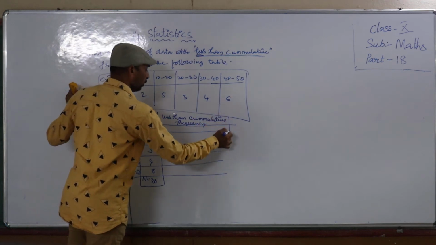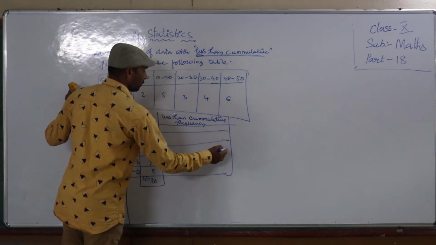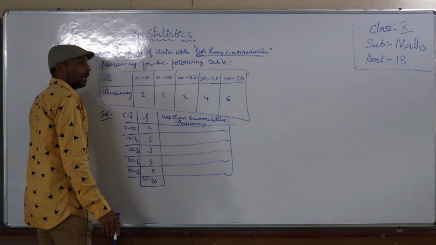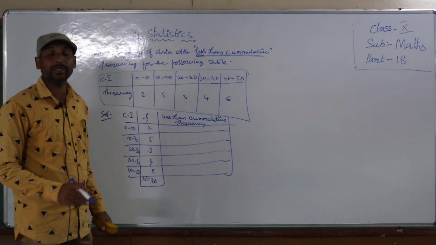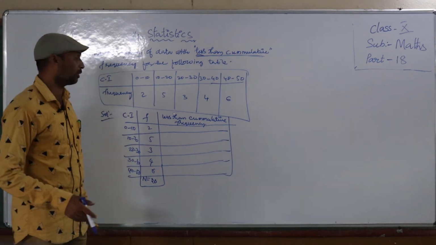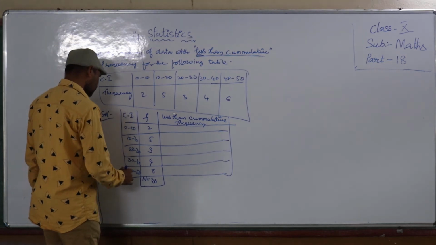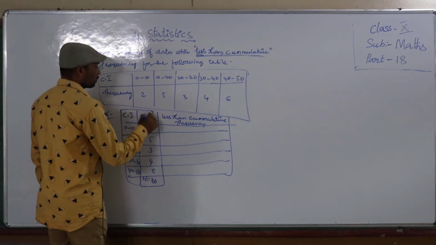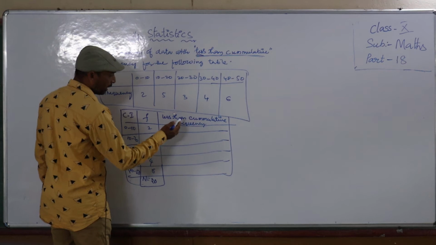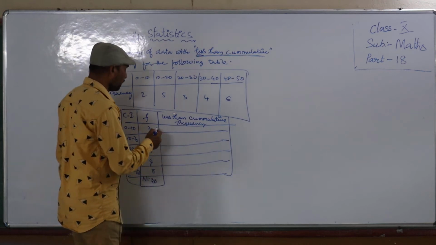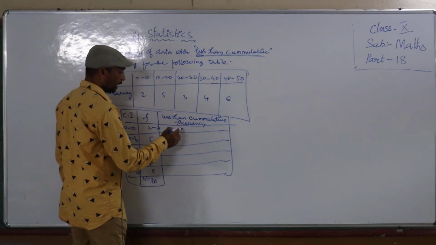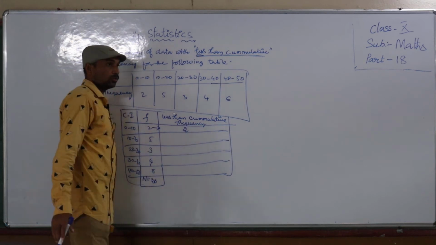Now we should find the less than cumulative frequency, which we already discussed in the previous class. The first value we write the same as it is, 2.